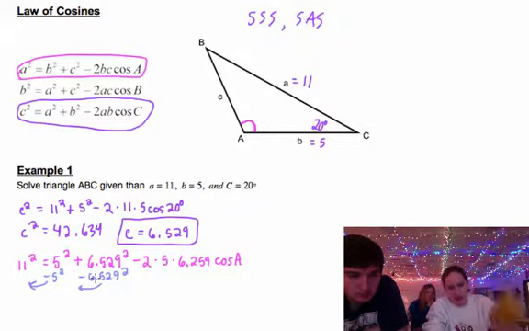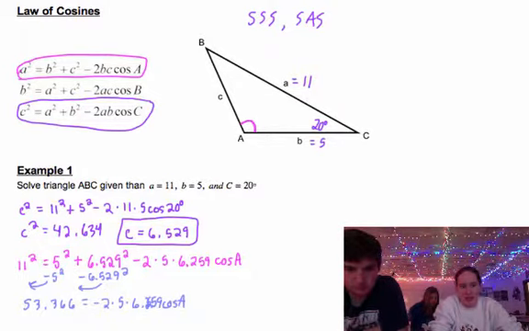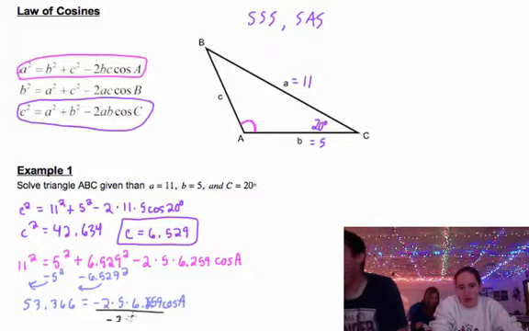So on your calculator, you can do 11 squared minus 5 squared minus, and if you still have that in your calculator, you can actually do answer squared, which I do. And so that gives me 53.366 equals negative 2 times 5 times 6.529 cosine A. Well, all of this in front is multiplied by cosine A, so we want to divide by all of this on both sides.